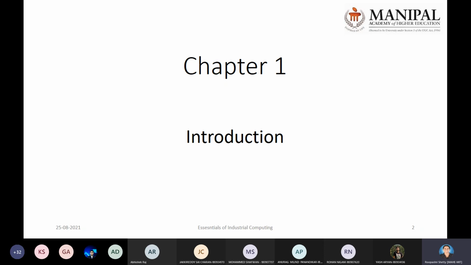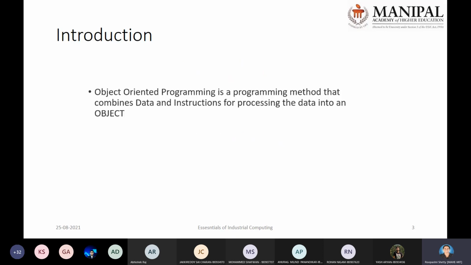Object-oriented programming languages are basically used to develop real-world systems. Even though they are complex systems, when you model them to the real world, they could be easily designed or easily developed using the concept of object-oriented programming.